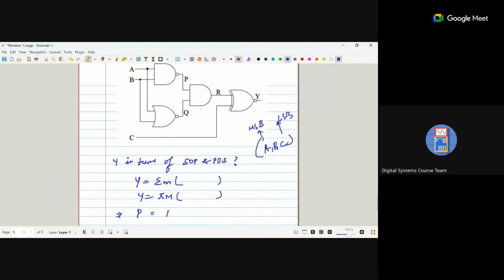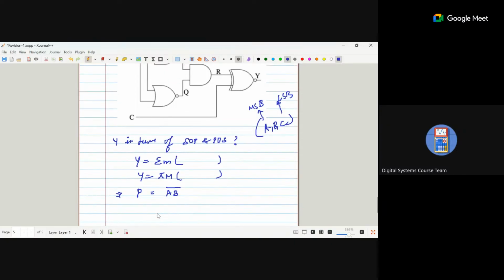This is (A B) the whole complement, and at Q it is (A plus B) the whole complement, and at R it is (A B) complement and (A plus B) the whole complement.